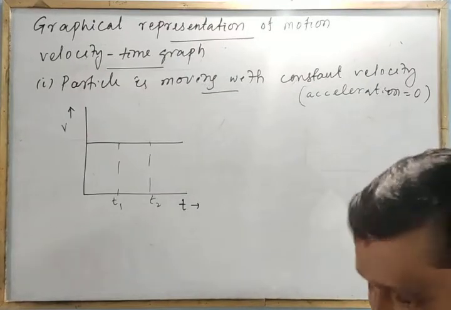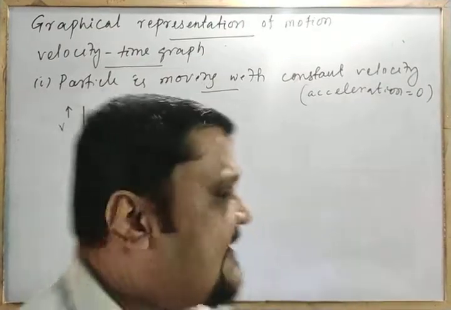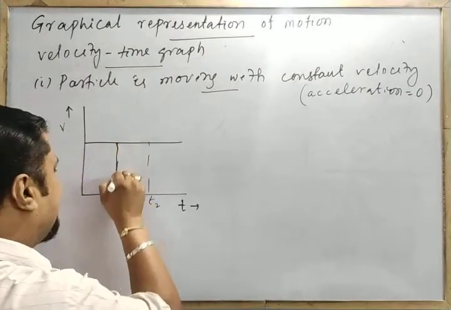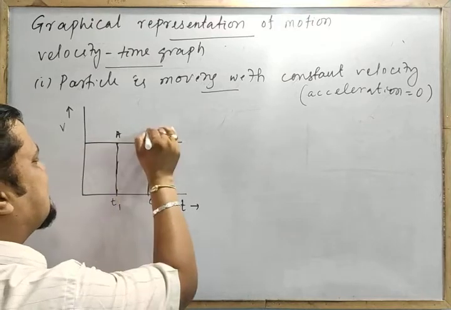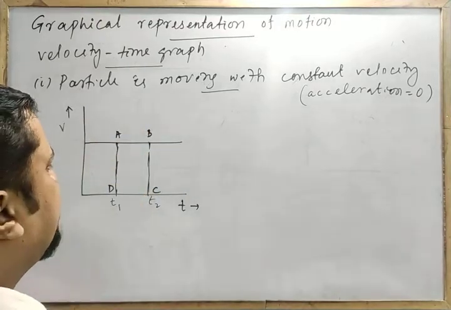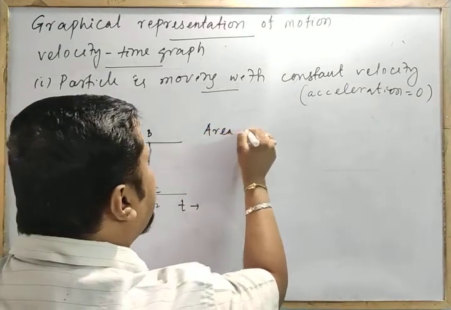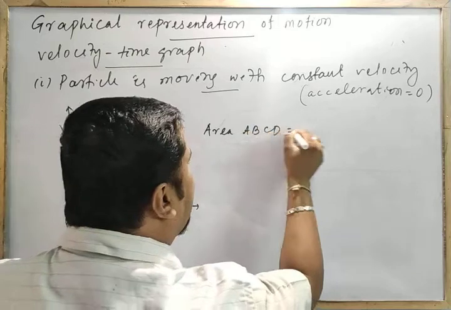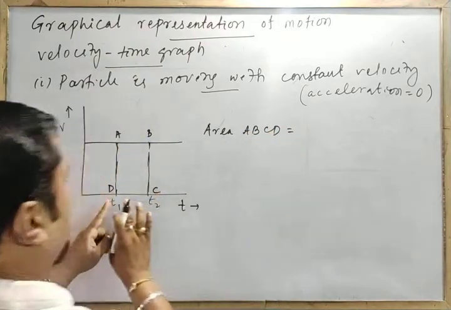And here the most important thing we can find: suppose I take the time interval t1 to t2. I will label this as A, B, C, D. So what is the area ABCD? It is a rectangle.